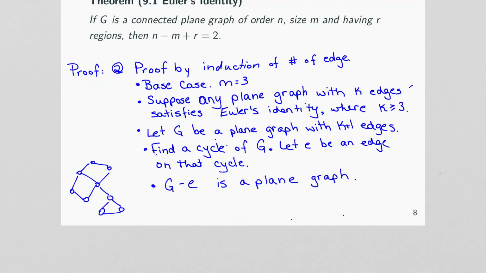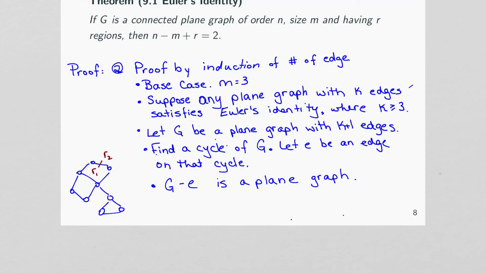Now, what happens because the edge was on a cycle is that whenever you delete an edge that's on a cycle, you are going to join two different regions. So for example, if I delete that particular edge, this region and the outside region would be opened up and become a single region.